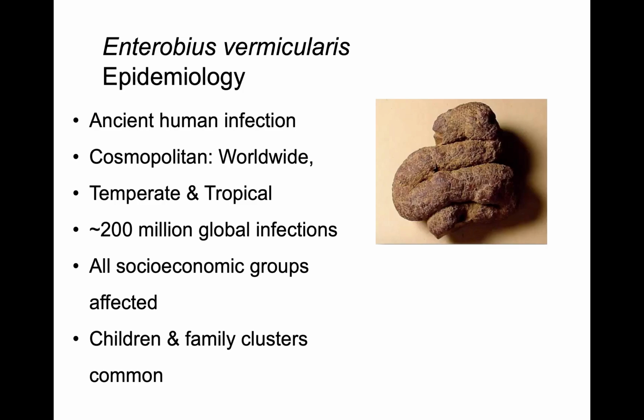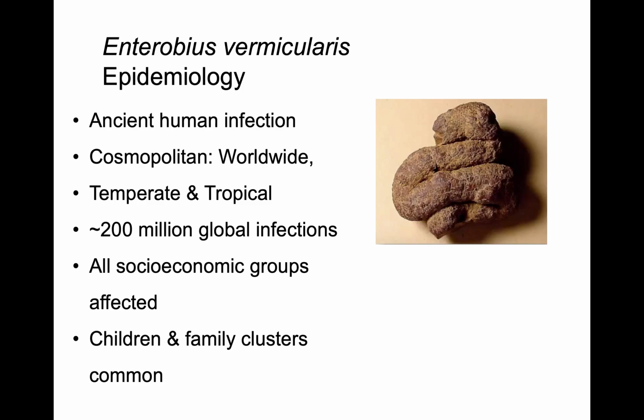They found pinworm eggs on this fossil layer, and so it tells us that this parasite has been living with us human beings for such a long time, and it's an ancient human infection.